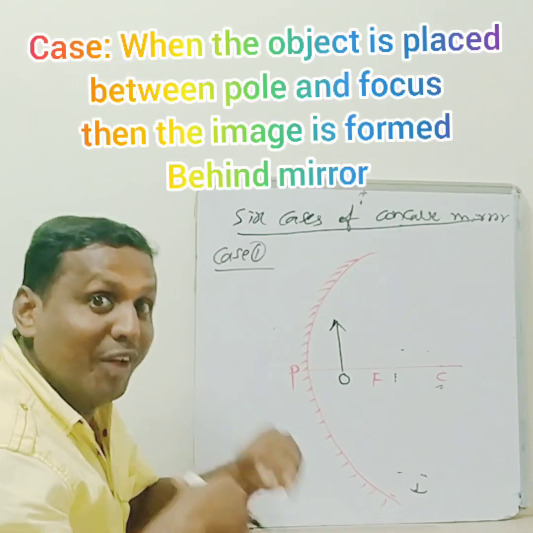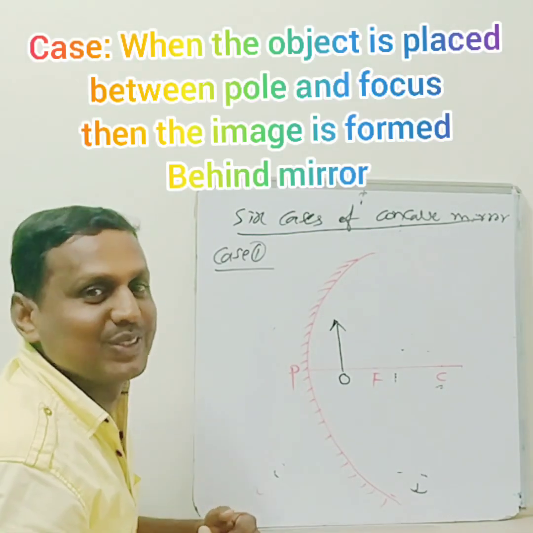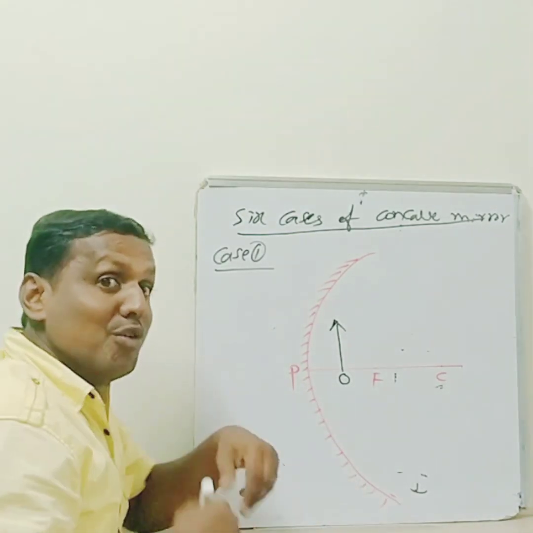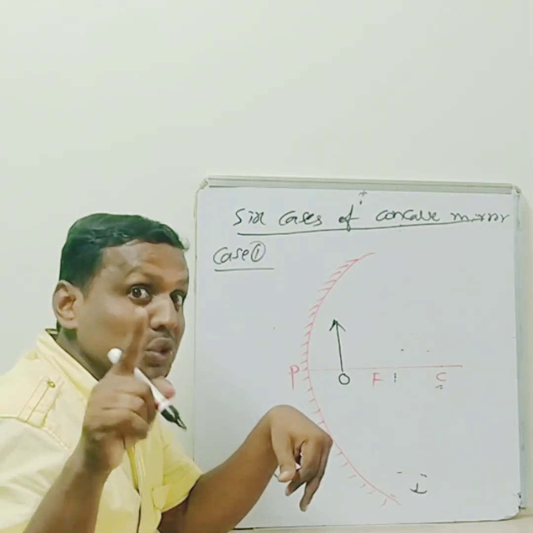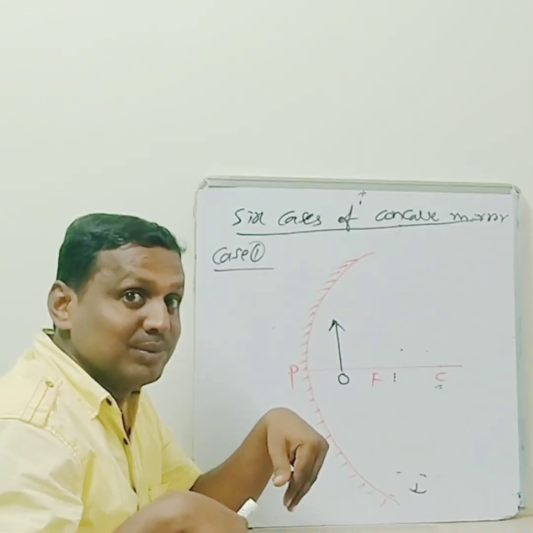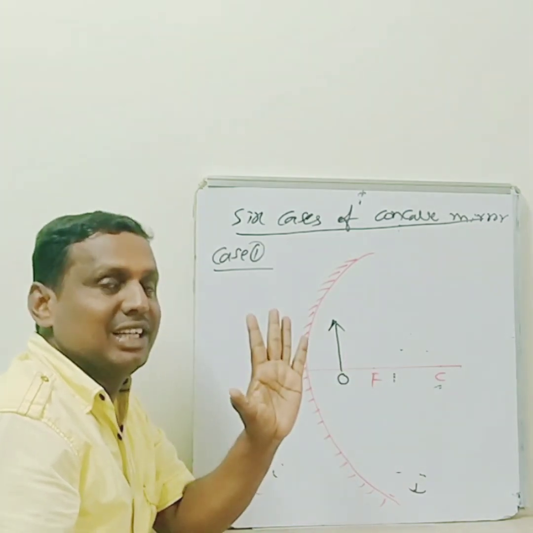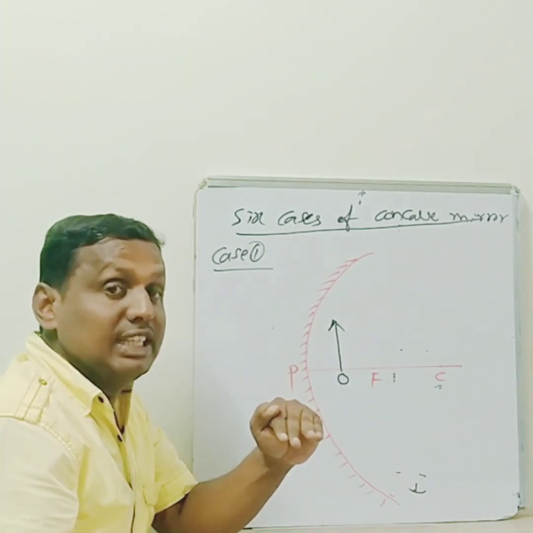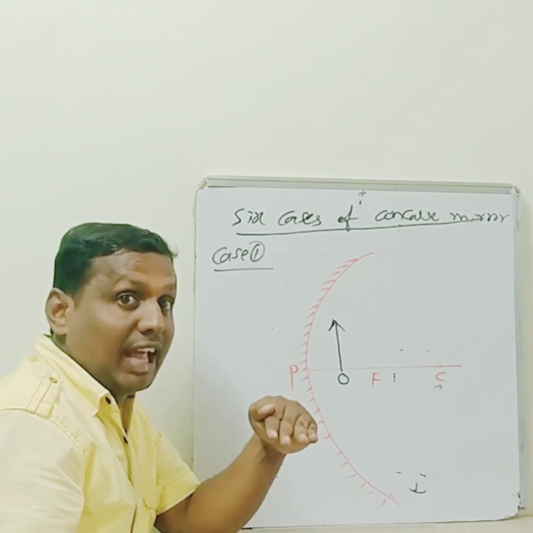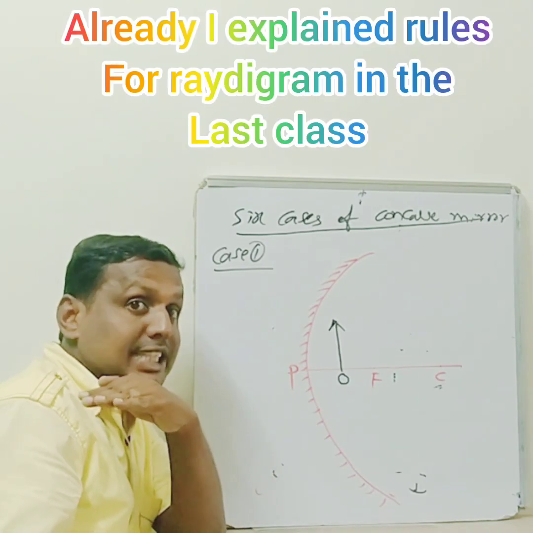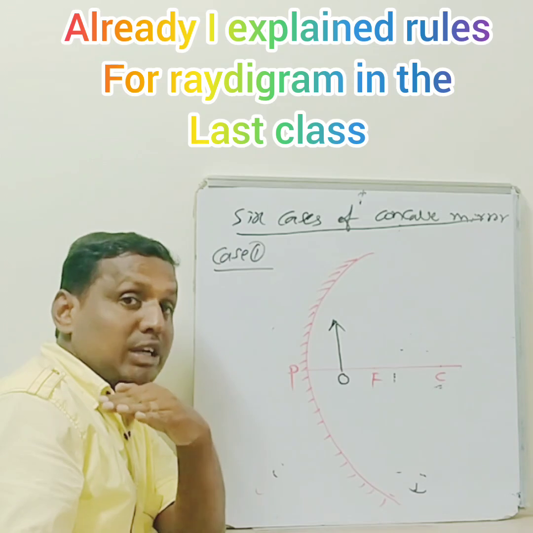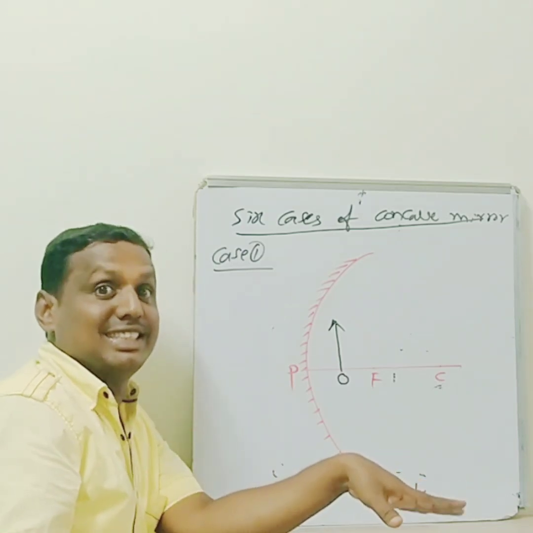Now we want to find where the image is formed. Okay. See. So now here we use rules. All that I told you, the rules are very important now. In this case we use rule 1 and rule 3. Rule 1: when the light ray is traveling parallel to the principal axis, after deflection it passes through the focus. Clear?